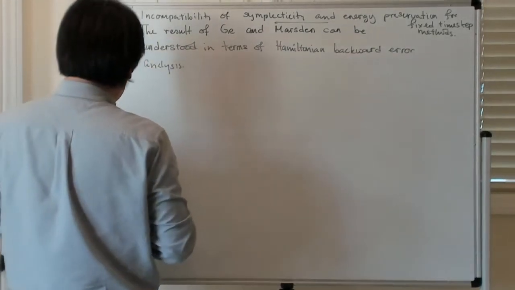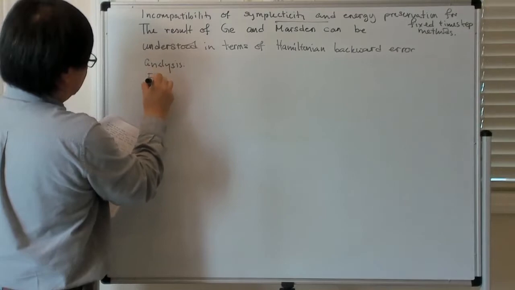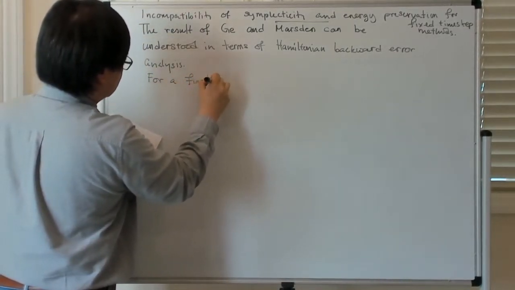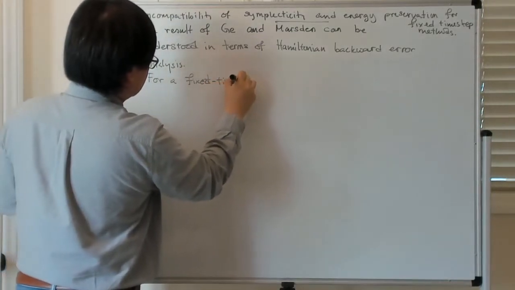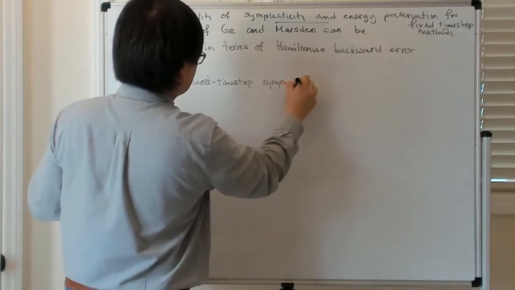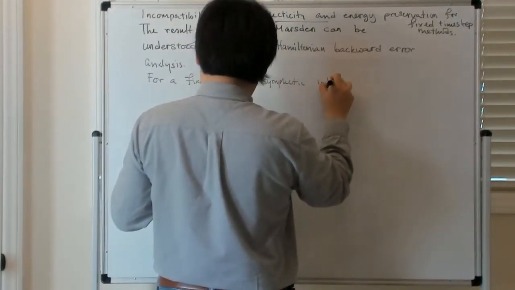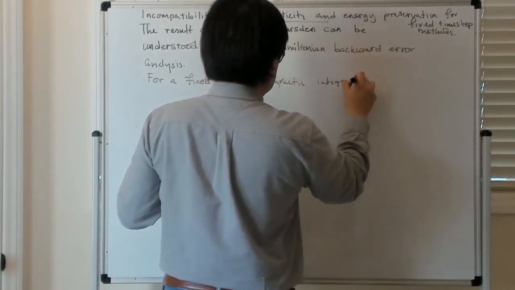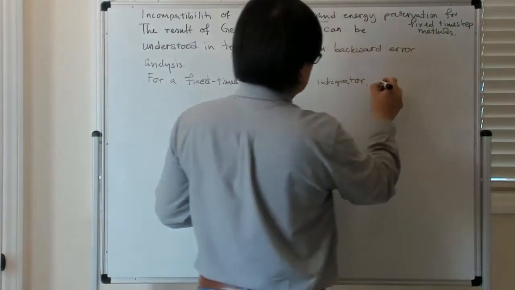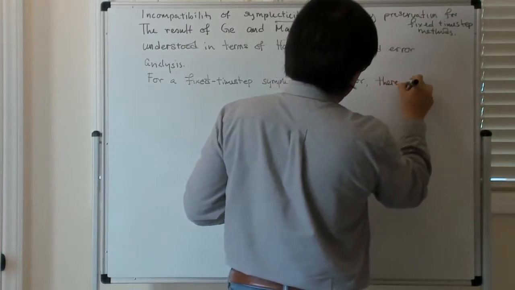So if you have a fixed time step symplectic integrator, you know that there is a modified Hamiltonian by backward error analysis.